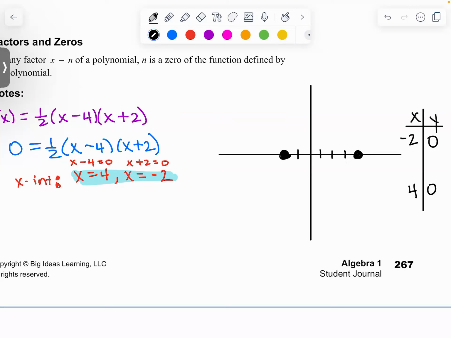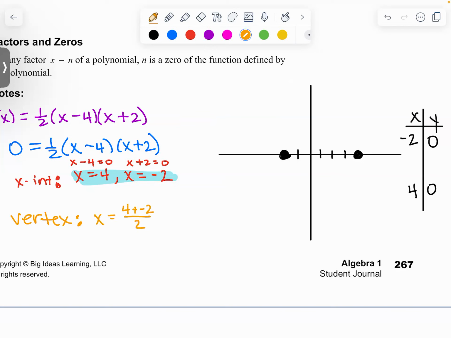How do we find the x coordinate if we know that we are on the x-axis at 4 and -2? How do we get the middle? Okay, we find the median, right? So the x coordinate of our vertex, we're going to take 4 and -2 and average them.